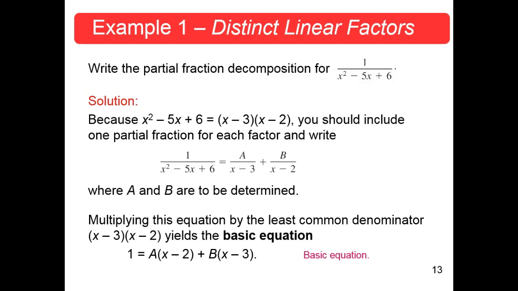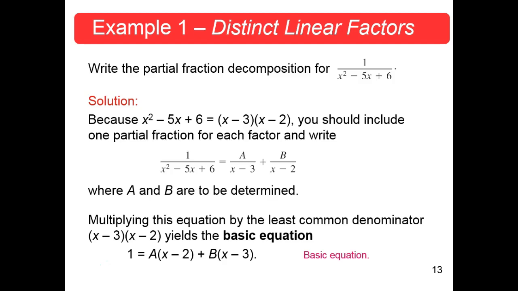What they do is multiply both sides of the equation by the completely factored form, x minus 3 times x minus 2. That wipes out this whole denominator, leaving you just a 1 here. And when you multiply this, it wipes out x minus 3 for this one, leaving you A times x minus 2. And that one wipes out x minus 2, so you have B times x minus 3. Okay, there's your basic equation.